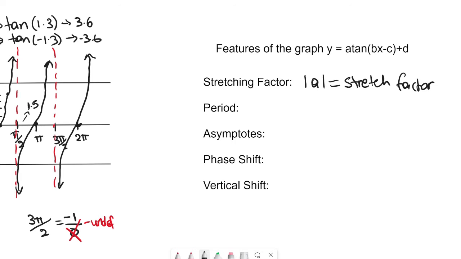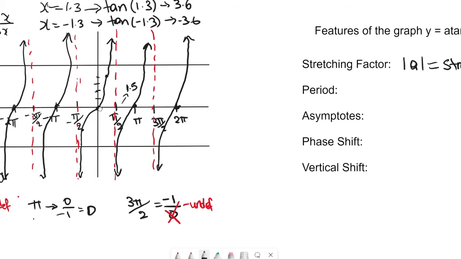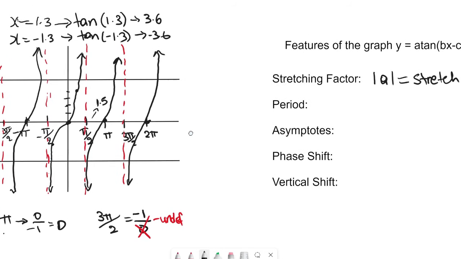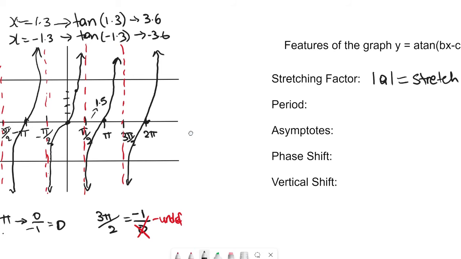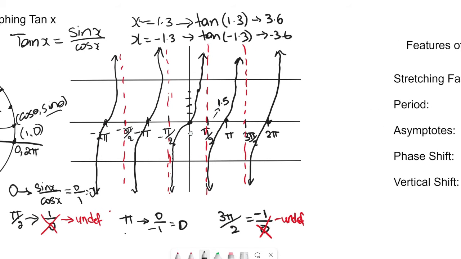Now, if you notice the period, the period is not between 0 and 2 pi anymore. In fact, the period is half of that, which is pi. So the typical period of this graph is going to be just pi.